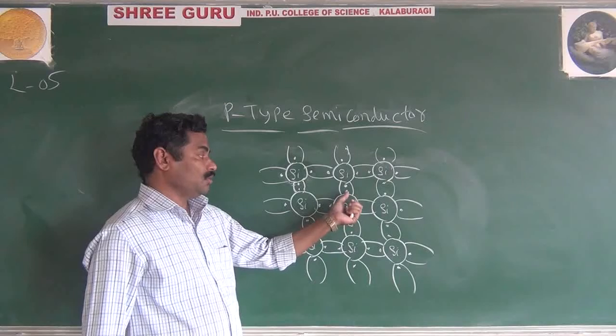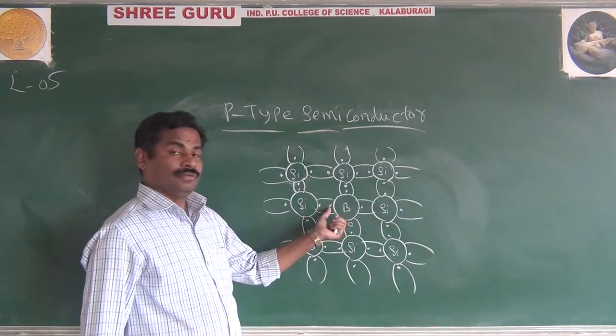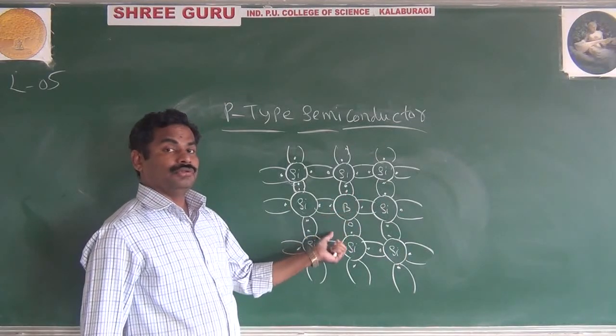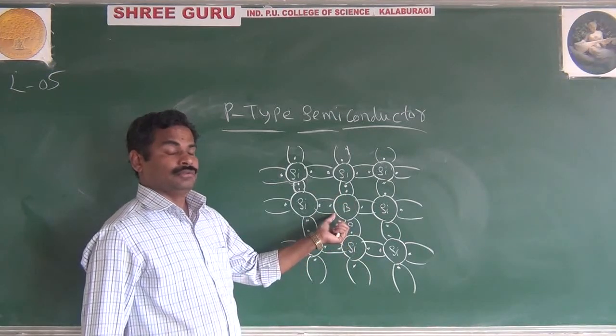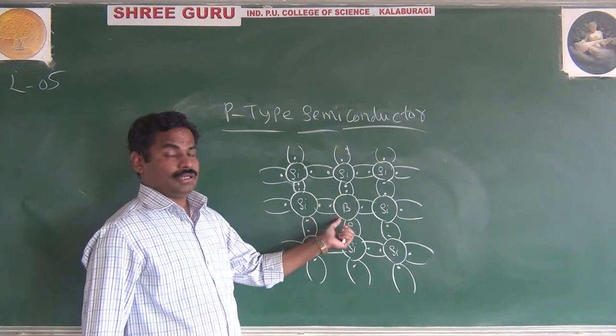Look here, as I said, boron has 1, 2, 3. Boron is a trivalent impurity. It means you have only 3 valence electrons. Boron has 3 valence electrons.